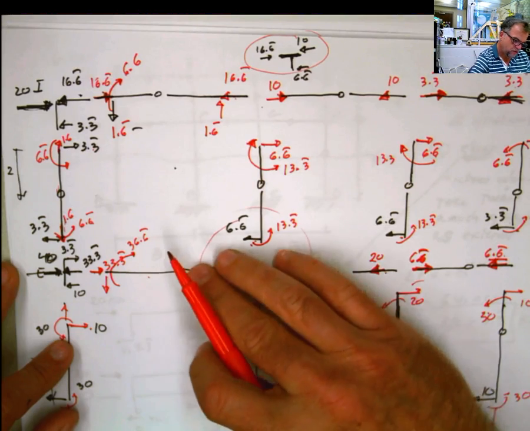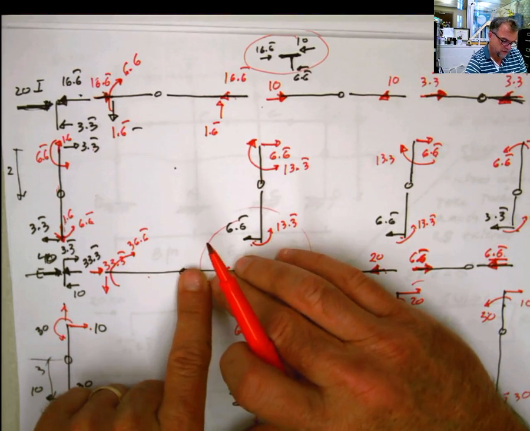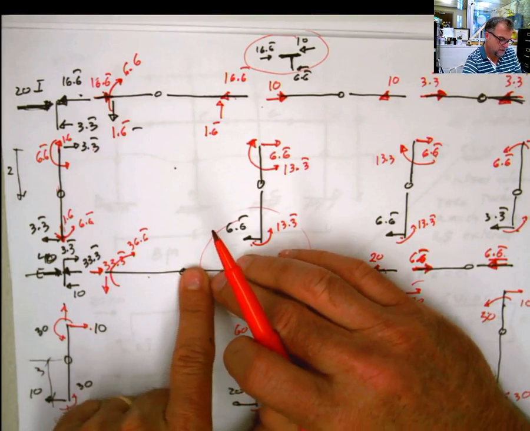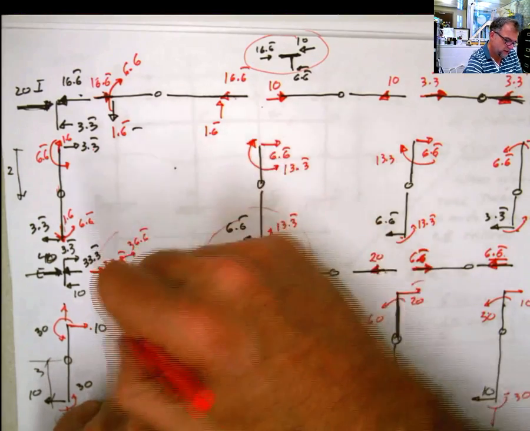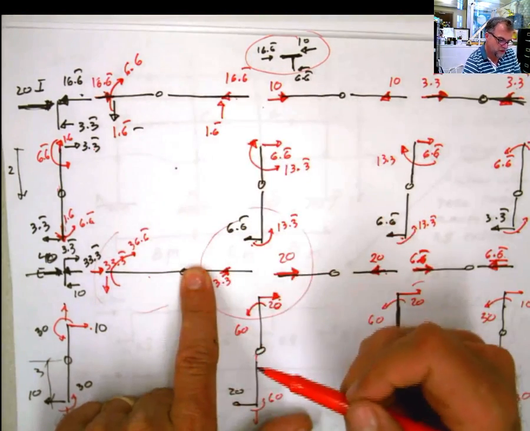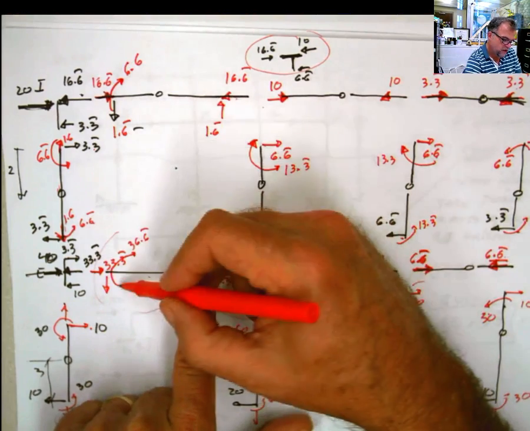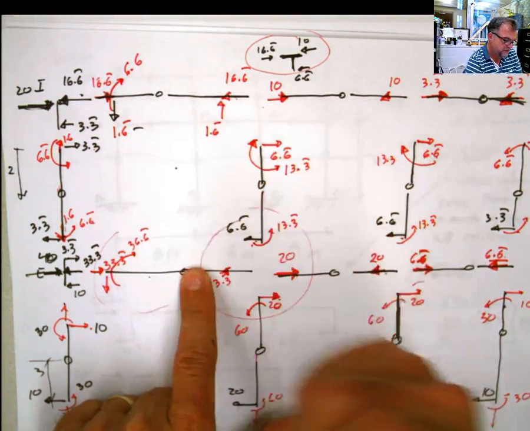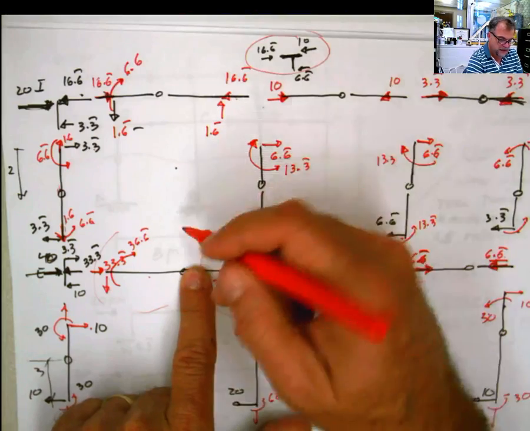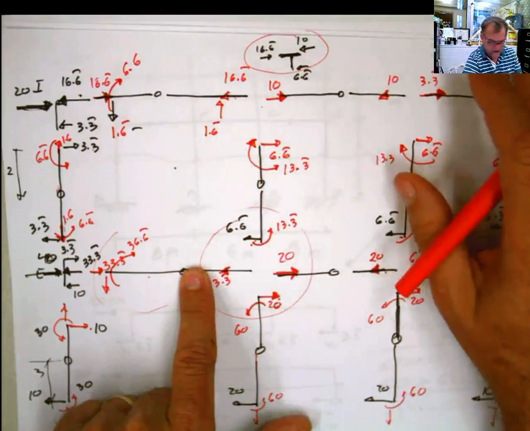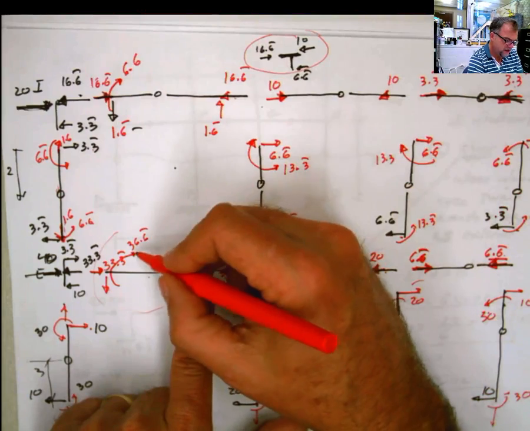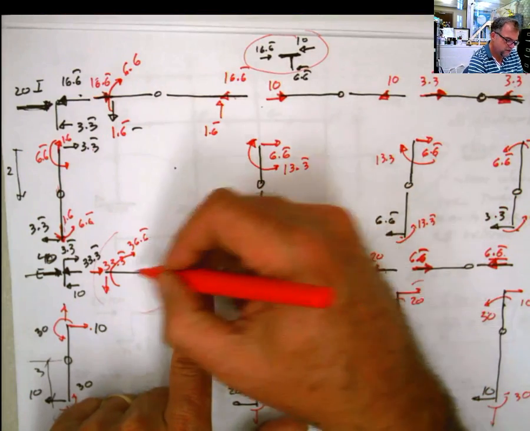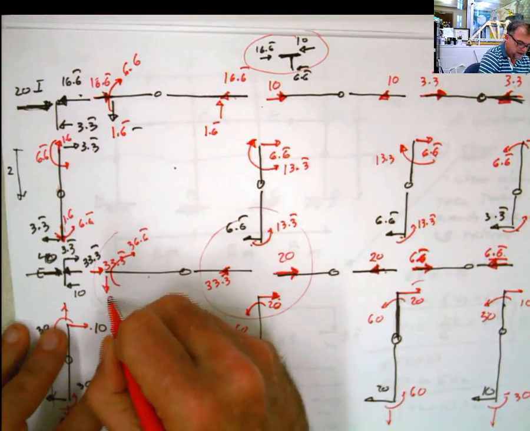If I take the summation of moments at this point, and relate it to this portion of this frame, then I know that 36.6 divided by this length is going to give me that. How much is this length? I just said it before, that length is 4, and if I divide 36.6 by 4, that's going to be 9.16.